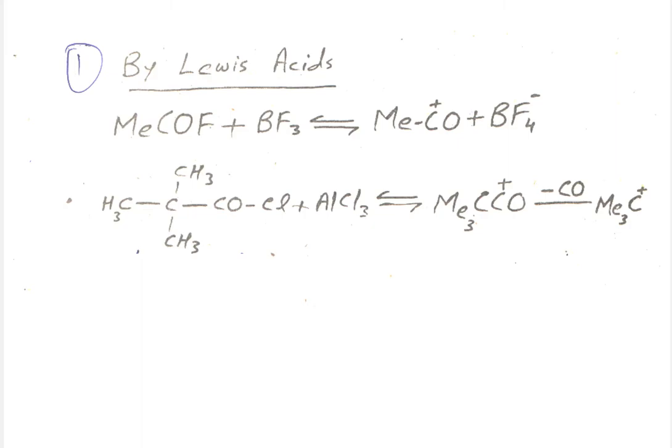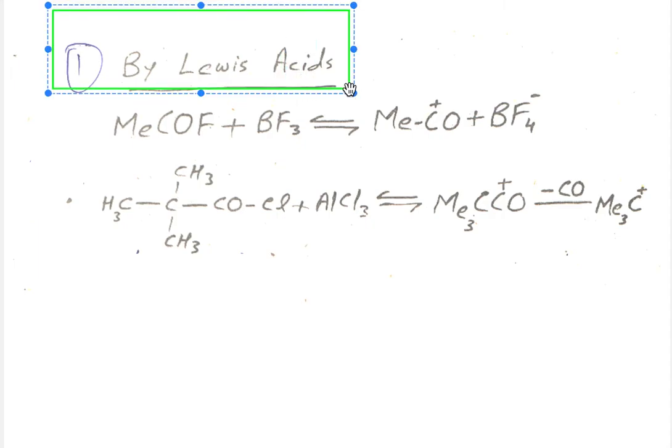The first method of preparing carbocation is by using Lewis acid with neutral molecules. In this slide, we will discuss acyl halide as a starting material to react with Lewis acid in order to produce stable carbocations.